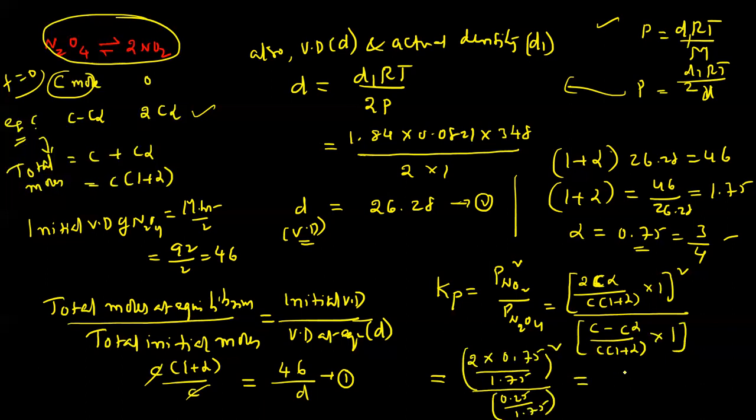After simplification, I've got the value 5.14 atmospheres. That is the equilibrium constant, the aim of the problem.